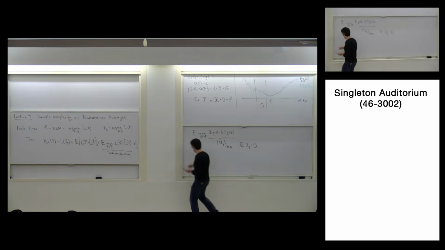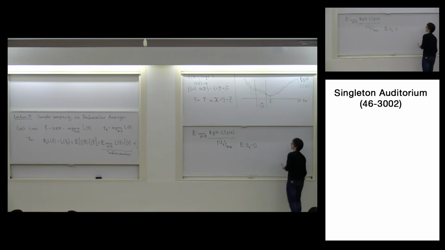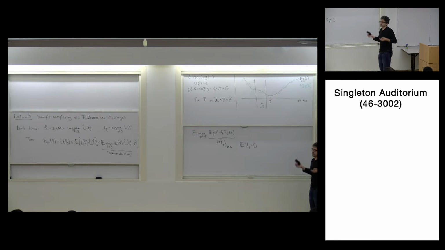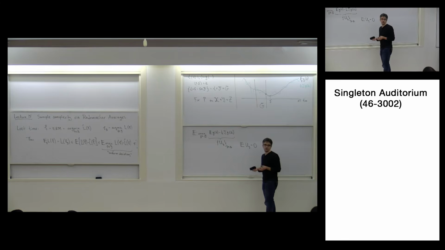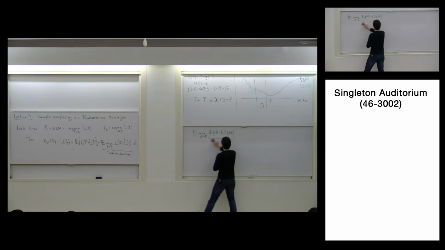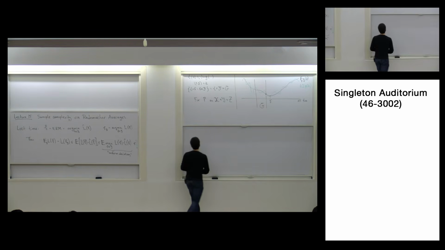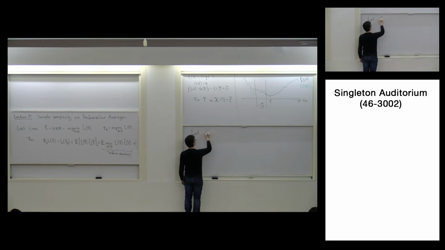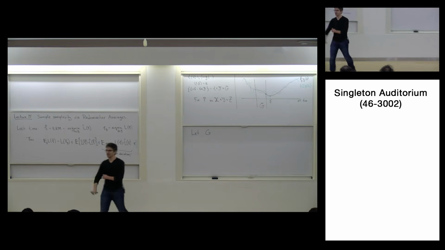Okay, so what I'm going to do is rather than thinking about the class G, which is a class of functions, I'm going to think of a subset of an n-dimensional space. Again, I'm going to call it G, but this is a usual G, not calligraphic.